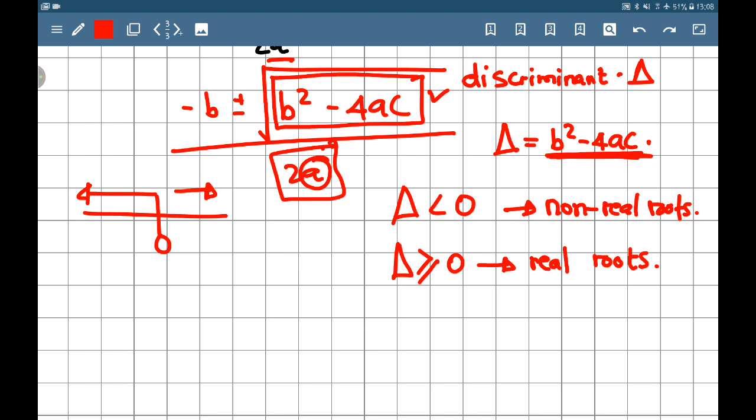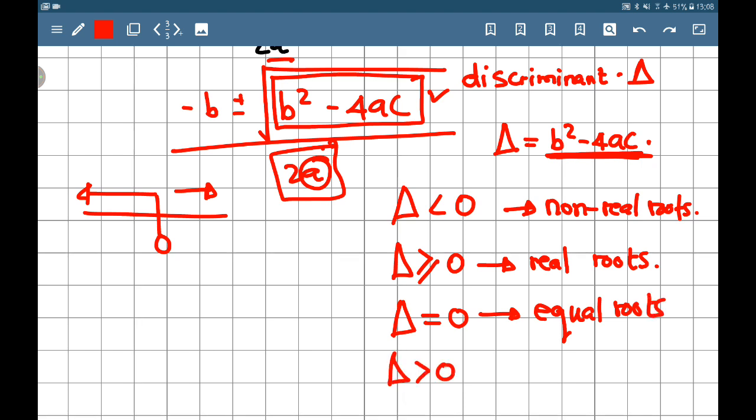So for real roots, we need to have delta greater than or equal to 0. For equal roots, if delta is equal to 0, we're going to have equal roots. And if delta is greater than 0, we're going to have unequal roots.